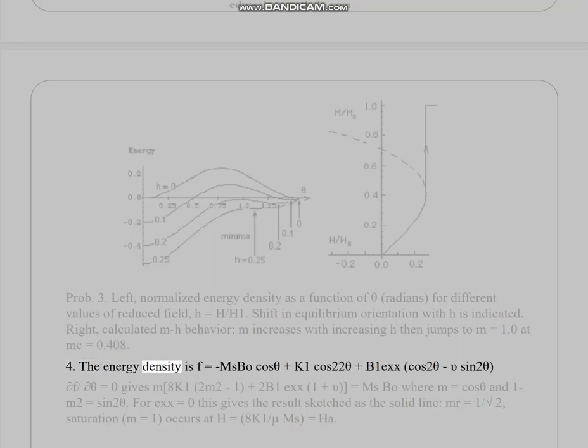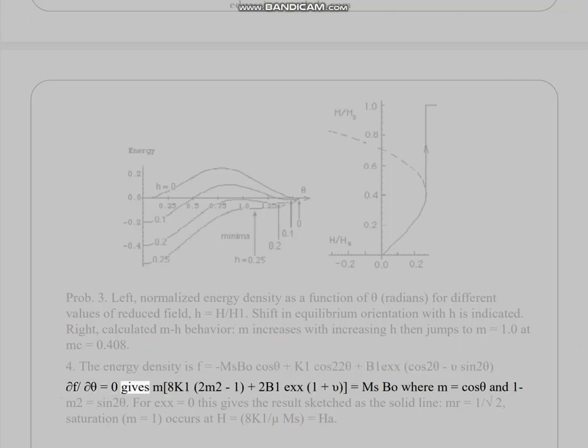4. The energy density is F equals minus mu0 Ms H cos theta plus K1 cos^2 theta plus B1 epsilon xx cos^2 theta (1 plus nu) sin^2 theta. dF/d theta equals 0 gives m[8K1(1 minus 2m^2) plus 2B1 epsilon xx(1 plus nu)] equals mu0 Ms H, where m equals cos theta and 1 minus m^2 equals sin^2 theta. For epsilon xx equals 0, this gives the result sketched as the solid line, Mr equals 1/square root 2, saturation, m equals 1, occurs at h equals 8K1/Ms equals Ha.